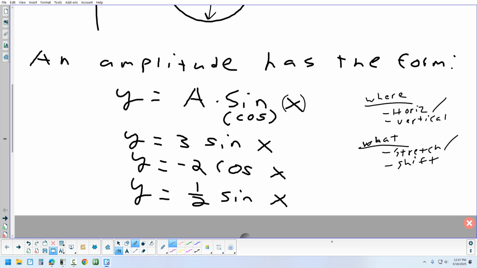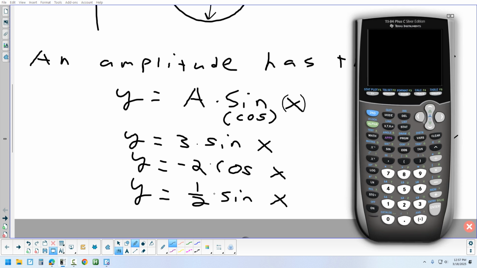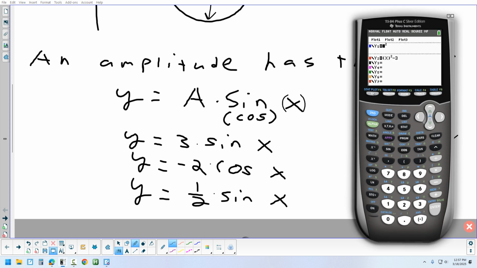So here's a couple examples. These are all either stretching or compressing. Okay? Let's just graph one so we can see what happens. If I graph sine x and then I graph, let's say, I don't know, 4 sine x. Do you think the 4 is going to make the graph stretch taller or compress?